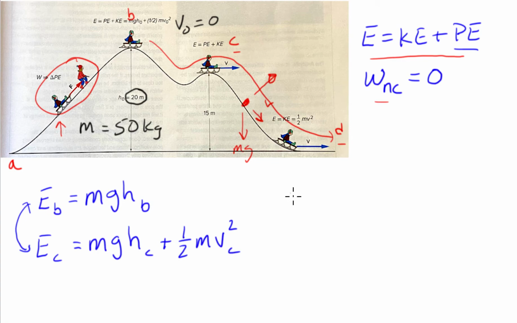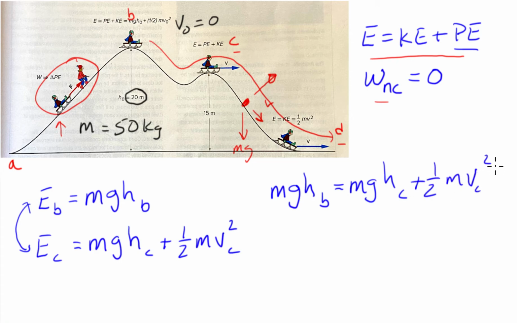I'm just going to do some algebra here to see what results. How would I solve that for C? You might want to go ahead and plug in numbers, but I'll try to show you a different way.